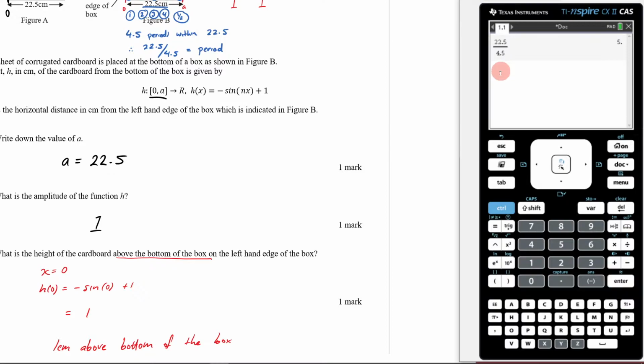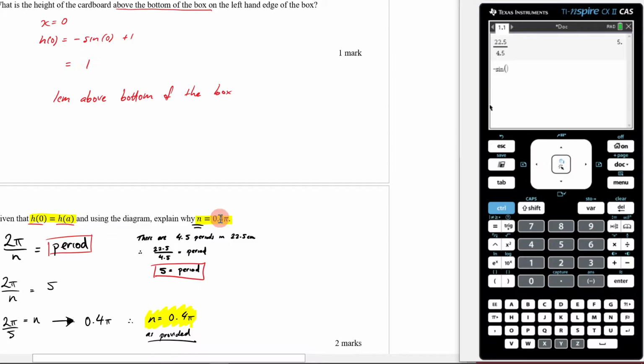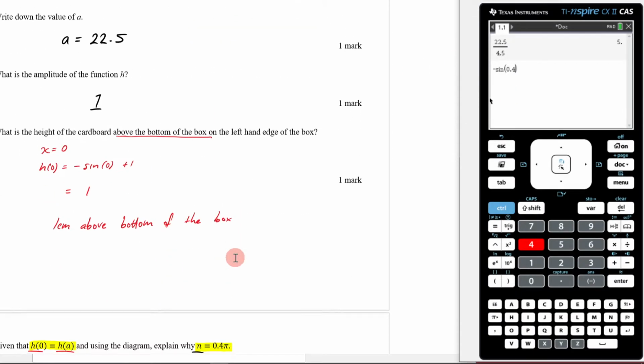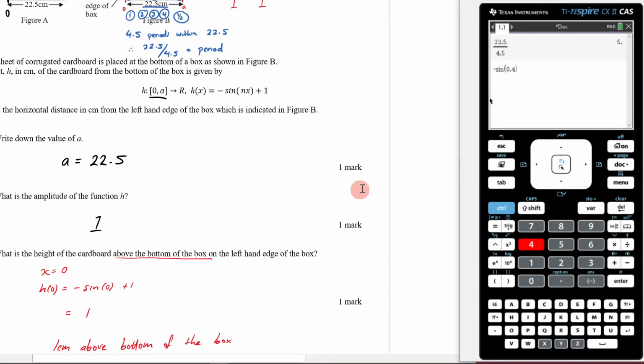So this is going to be negative sine. Now I know what n is. N is 0.4, so I'm going to put in 0.4. You've got to be careful. It's not just 0.4, it's 0.4 pi. So it's 0.4 pi, close the brackets, plus 1 to it. So negative sine of 0.4 pi x plus 1.